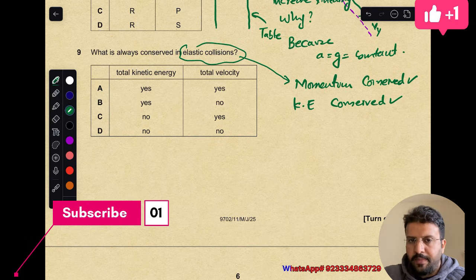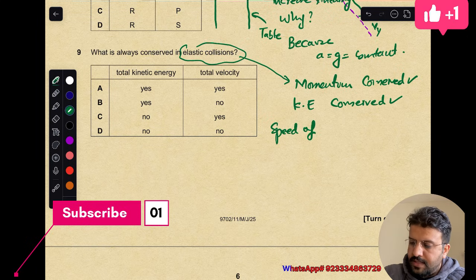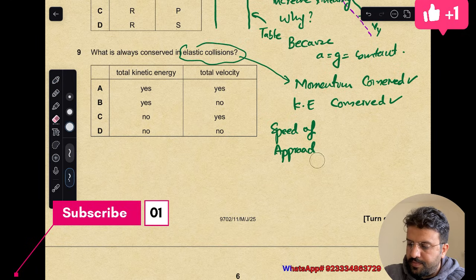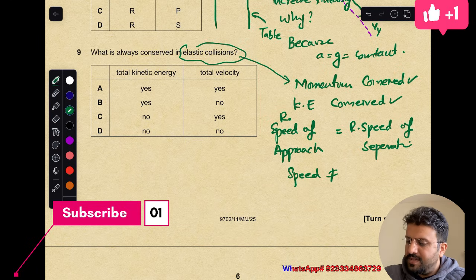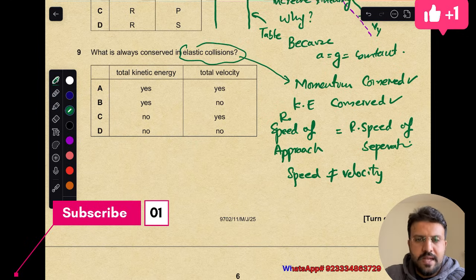There was another thing that they are trying to confuse you with: the relative speed of approach will be equal to the relative speed of separation, but we know speed is not equal to velocity. They are two different things, right?